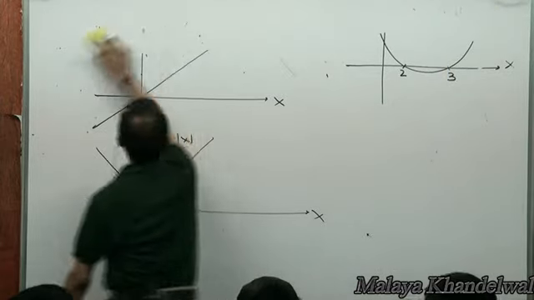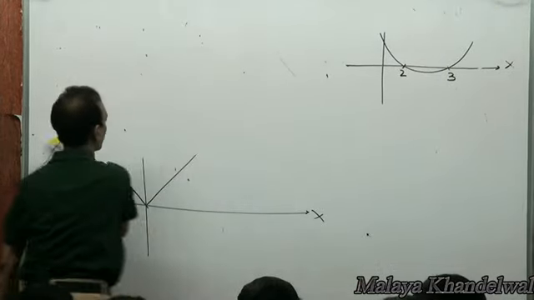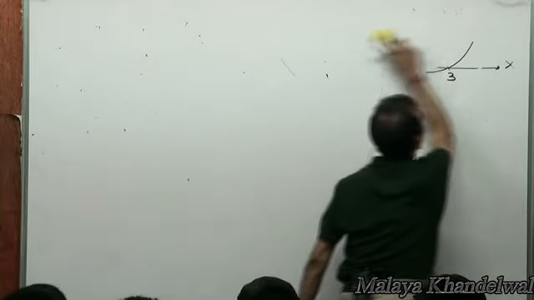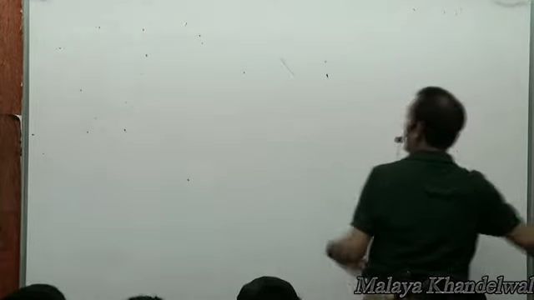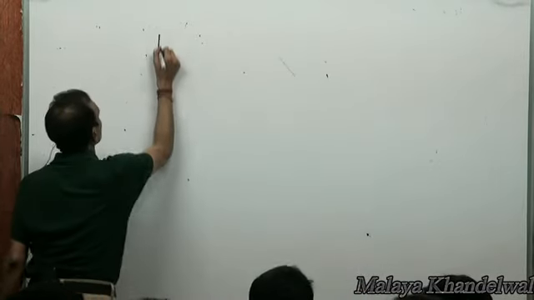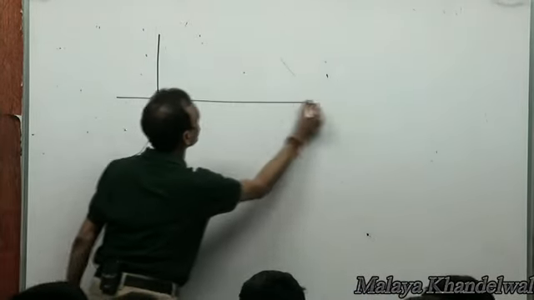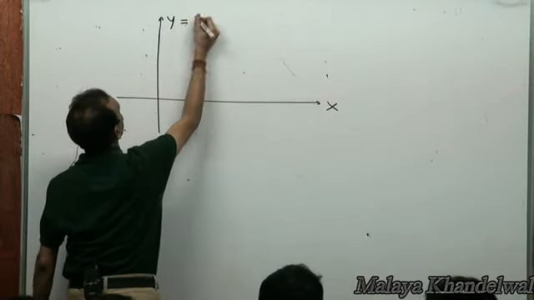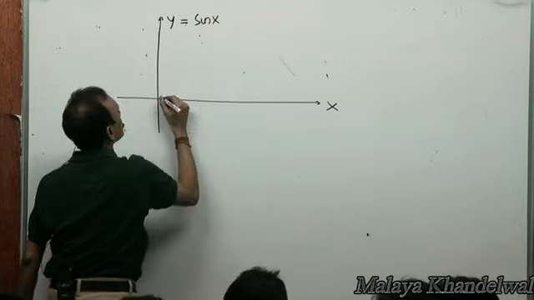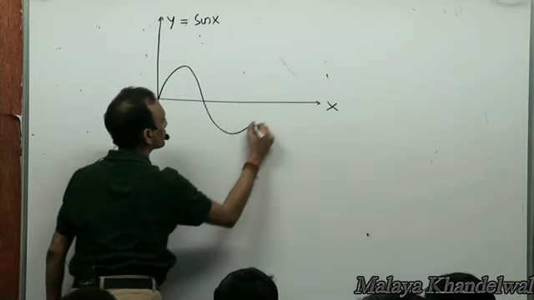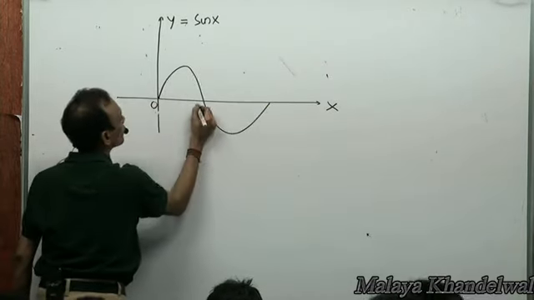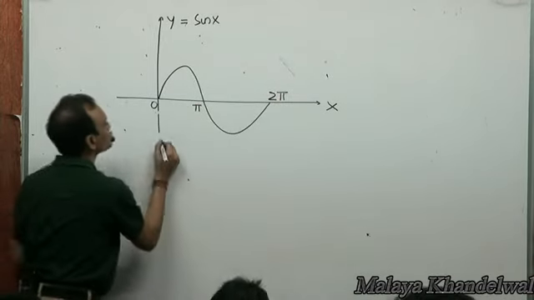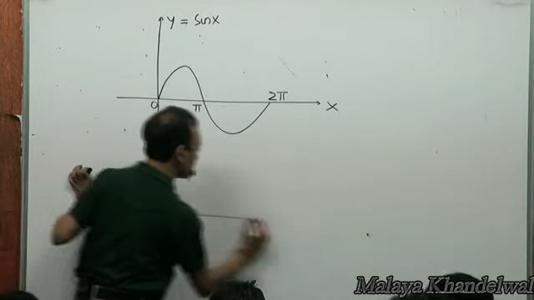Say I have, in the interval 0 to 2 pi, y equal to sin x in the interval 0 to 2 pi. And I wish to draw the graph of y equal to mod of sin x.